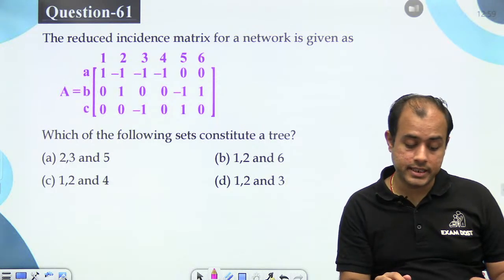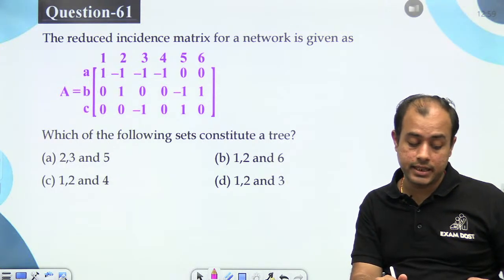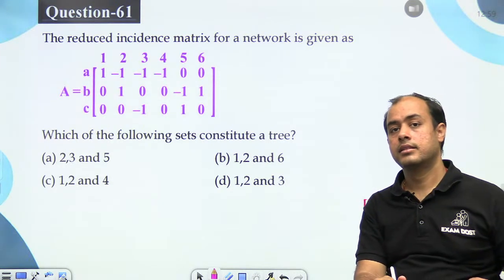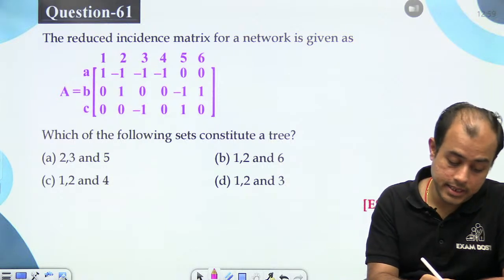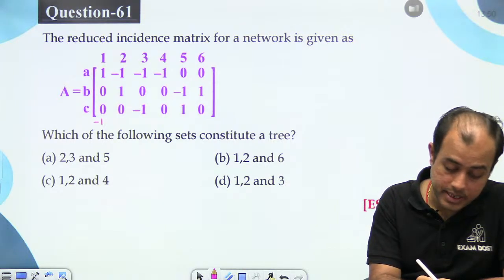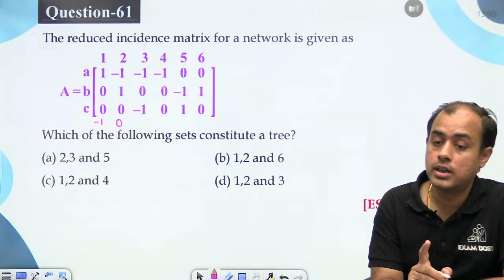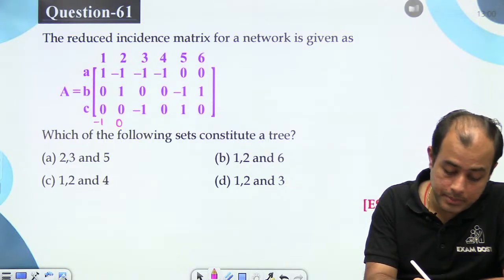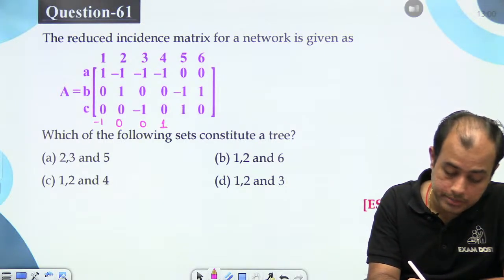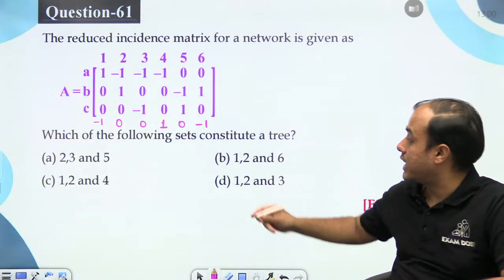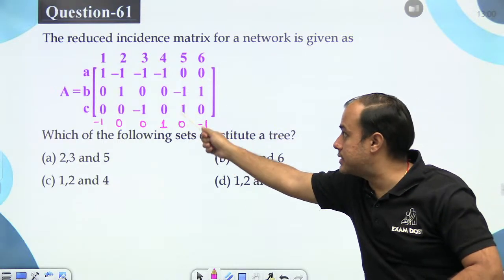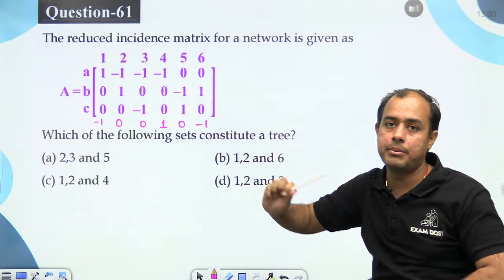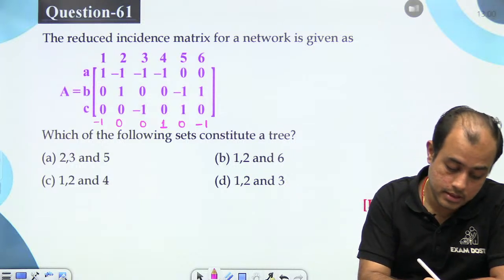Reduced incidence matrix. What can be a tree? Now see, if you want to make an incidence matrix, make the sum of each column 0. To make an incidence matrix, we need one more row by making the sum of each column 0. So wherever the sum is 0, I am placing 0. Where the sum is non-zero, I am making the sum 0.